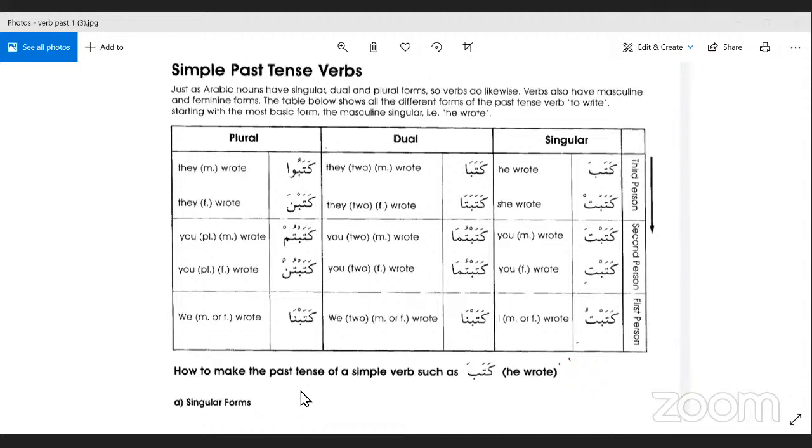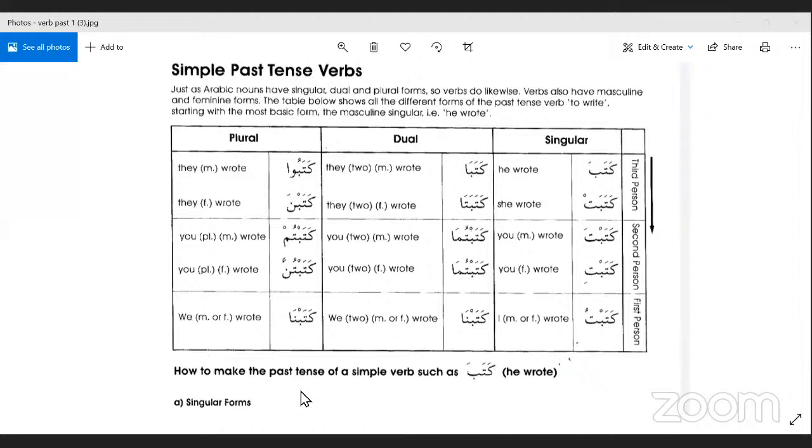Alimta means you knew. This is for male, singular person. Alimtuma, you two people knew. Alimtum means more than two people knew.